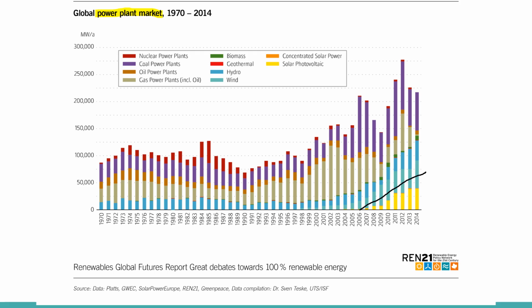So power plant market is something for the big boys. Big companies build power plants. In Germany, it's Siemens or Westinghouse or General Electric and some others. And in the traditional world, they usually build nuclear power stations, coal power, oil power, gas power, and hydropower. That was the world. It's sometimes growing, sometimes going down.